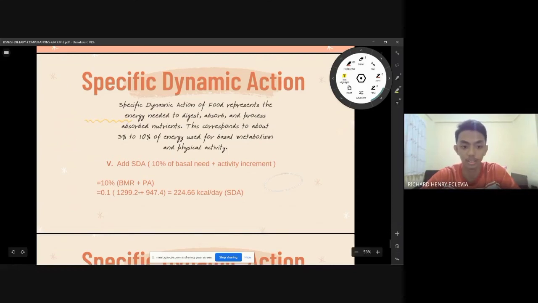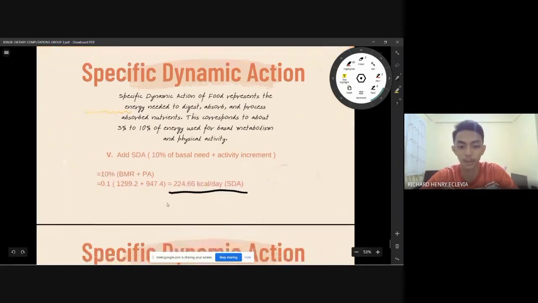So yung sagot dito, pag pinag-add mo, ita-times mo lang ng 0.1 para makuha yung 10%. So ayan, lalabas pag kinompute mo.